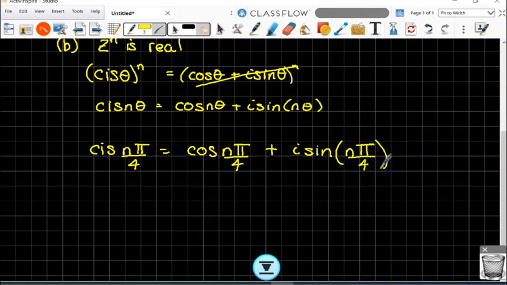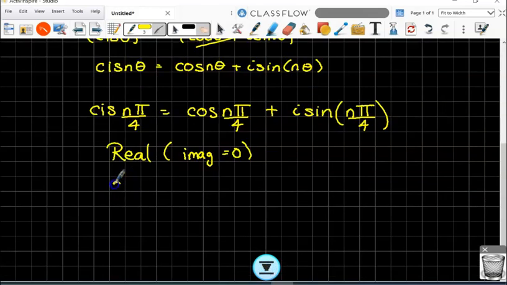So if we want it to be real, as Dylan said, the imaginary part must equal 0. Do we concur? So what's my imaginary part? Here, right? The i tells us that it's imaginary, so we basically want sine n pi on 4 to equal 0.